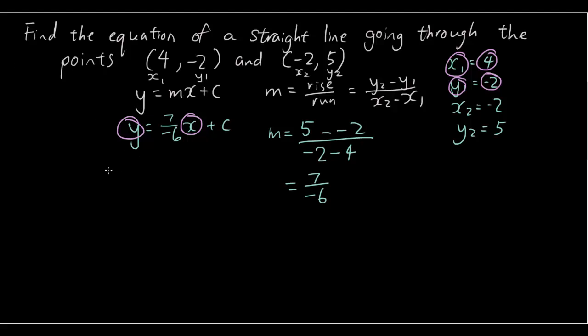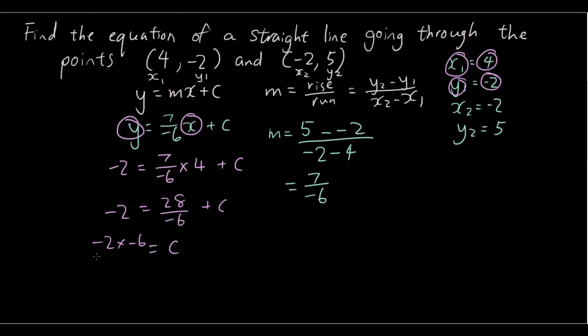So we got -2 equals 7 over -6 times 4 plus c. Now we can simply rearrange this equation to make c the subject. So -2 equals 28 over -6 plus c.